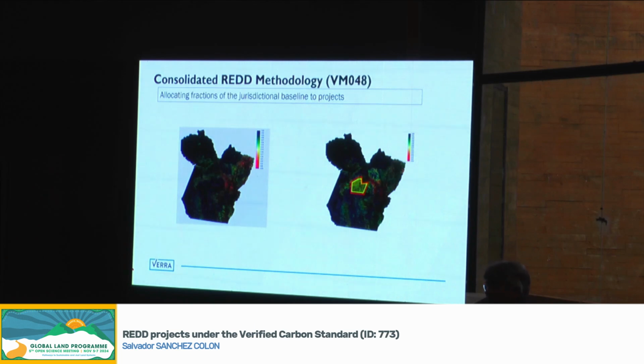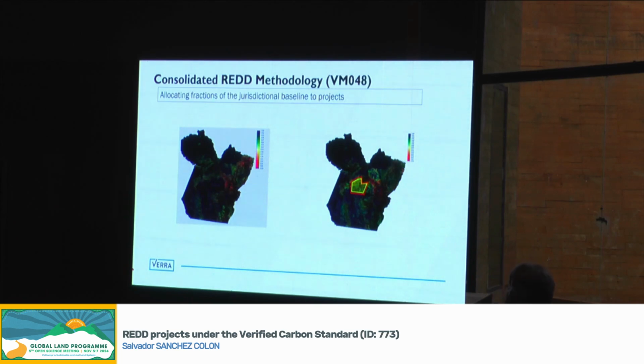However, that would imply that all forests in the jurisdiction are equally prone to be deforested, but we know that deforestation doesn't happen homogeneously across the landscape. Some parts of the jurisdiction are more prone to be deforested, and some others that perhaps are more isolated are less prone. And we want to prioritize those areas that are exposed to higher risk of deforestation.